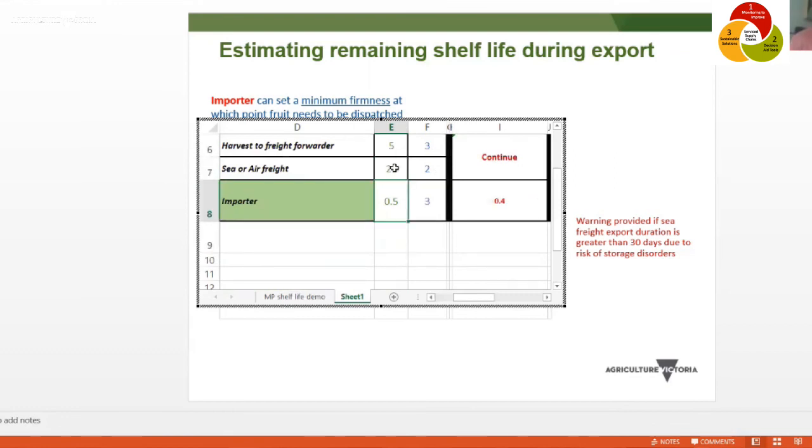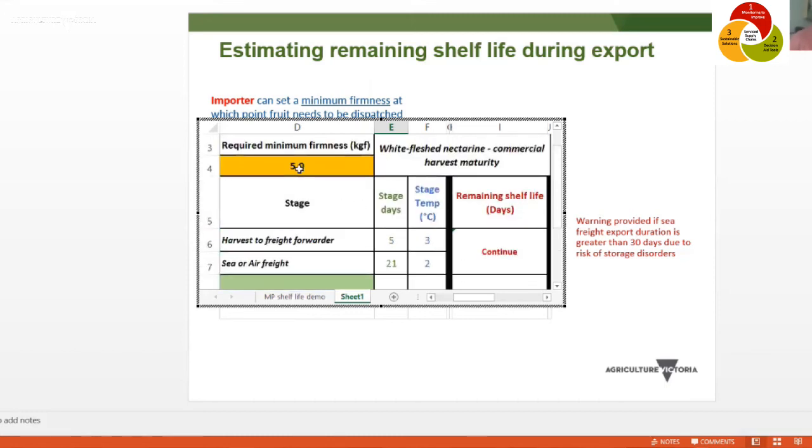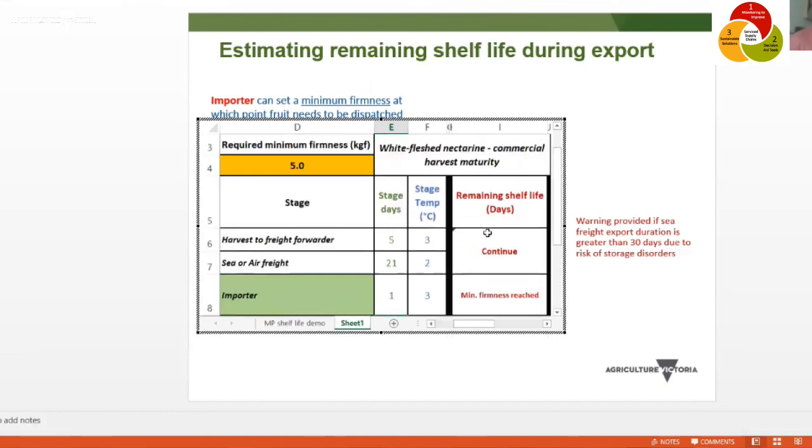Right, so if you've got 21, you receive the fruit after this export leg, you virtually have to sell the fruit straight away within a day if you're looking at 5 kilos as your minimum before dispatch. So you can play around with this and it gives you some really good commercially important information.